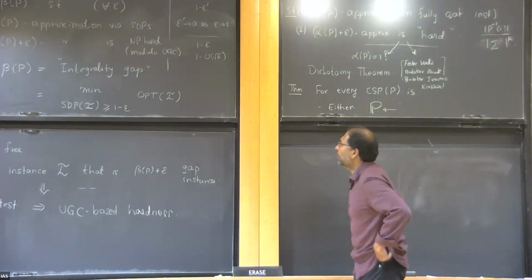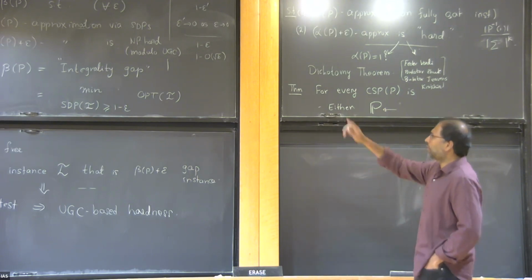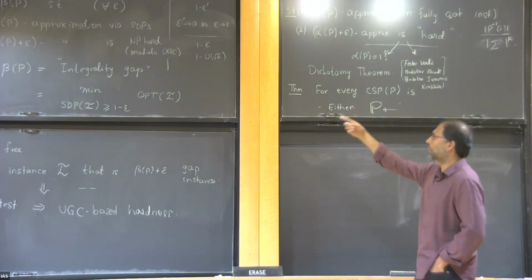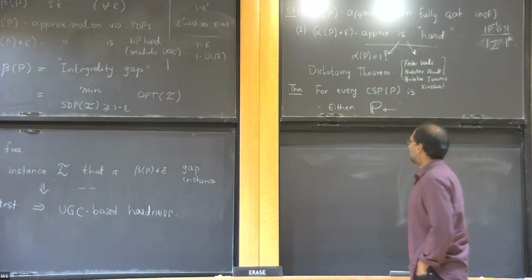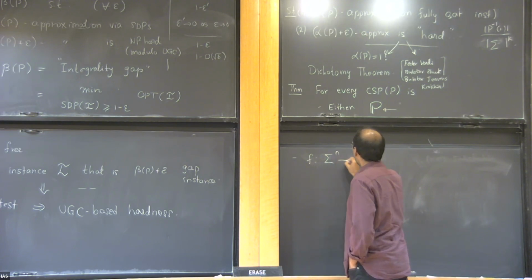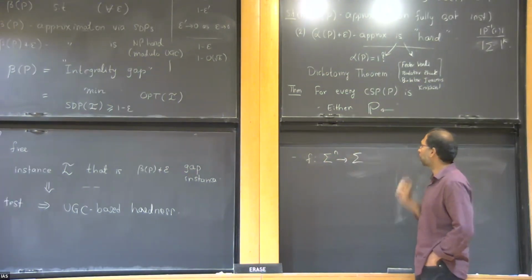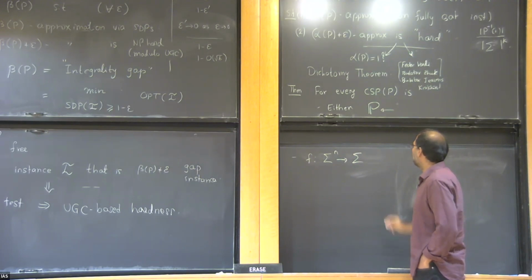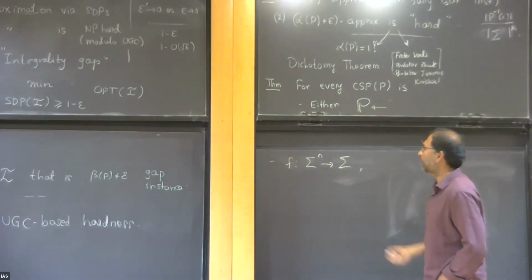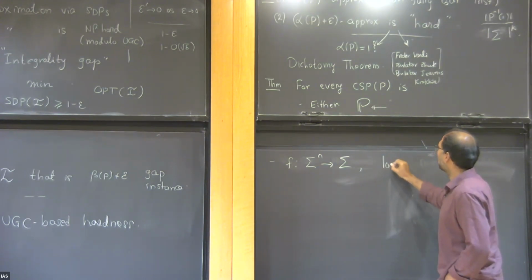But since we don't, let me just say the following: that for Raghavendra's scheme to work, your dictatorship functions, the functions which you are trying to test, they're of this kind, right? Sigma to the n to sigma. Somehow this analytical machinery can only handle things where these functions are low degree.